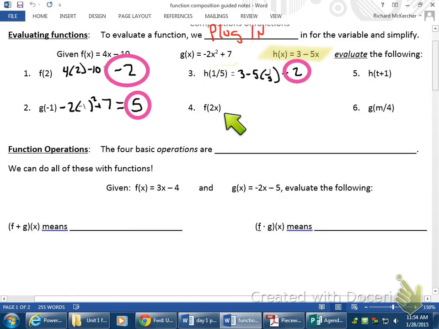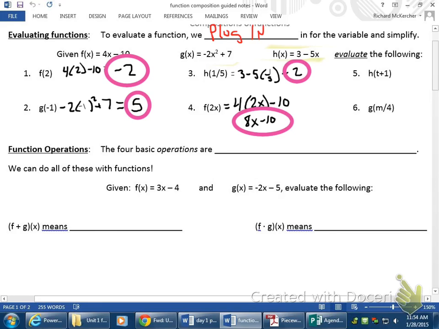Now, of course, number 4, I'm now substituting an expression into it. I'm going to substitute the 2x. I'm still going to use function f, but this time instead of just a number, I'm going to put in the 2x. Really, you're doing everything the same at that point, and now you just simplify as best you can, and that is the best you can simplify right there.